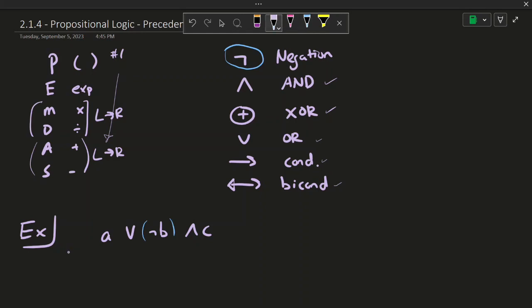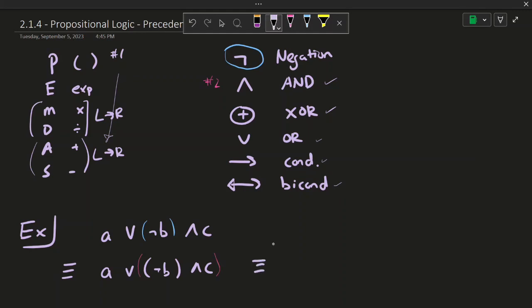I'm going to rewrite that, using these triple lines for logically equivalent, A or negation B and C. And then next up, I have to look for, are there any ANDs? Because that's number two here. And it's true, we have an AND right here. So I'm going to group these together now.